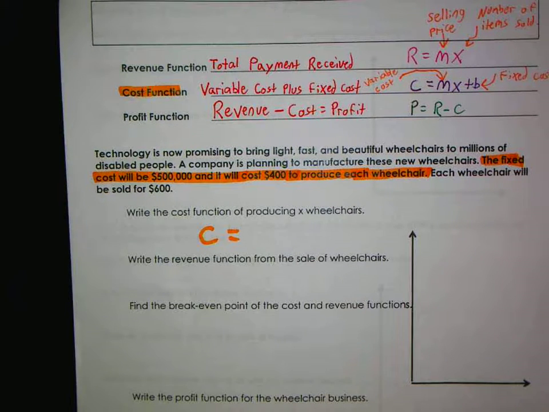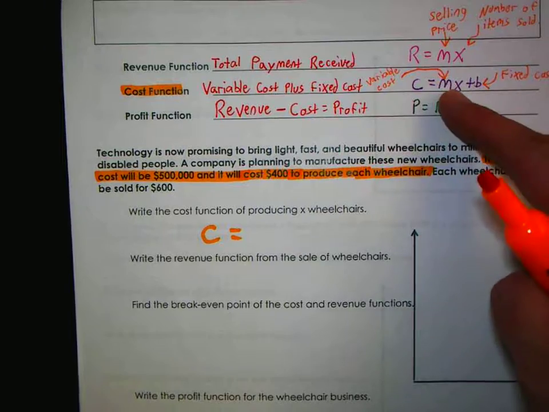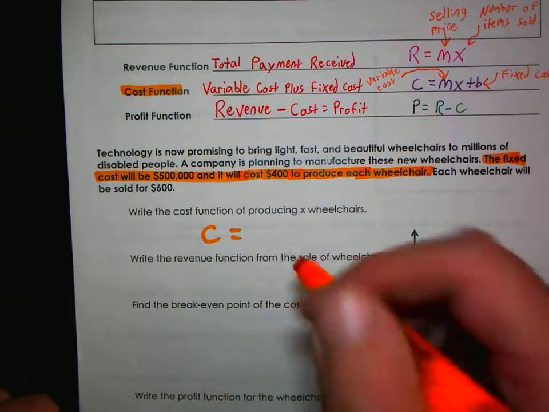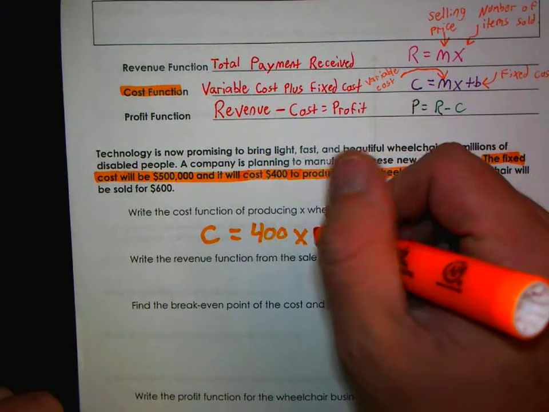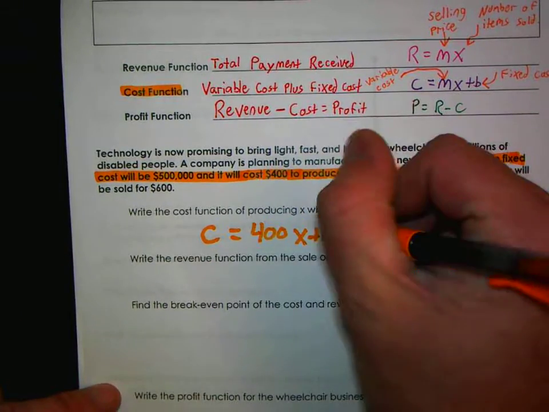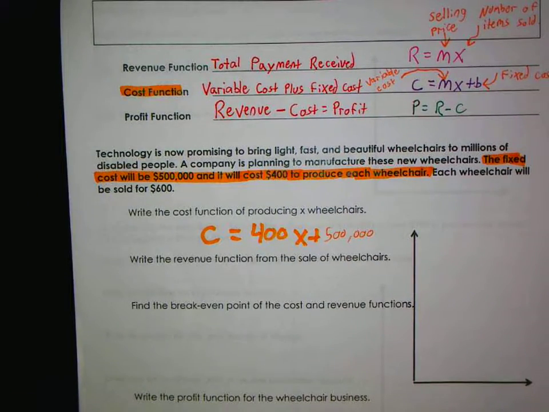So the fixed cost, they even tell you the fixed cost. So the fixed cost, the B, is $500,000, and it costs $400 per wheelchair. So I would say 400x plus 500,000. Function.